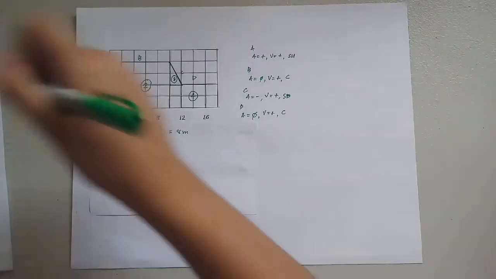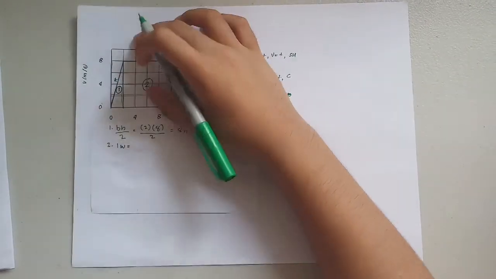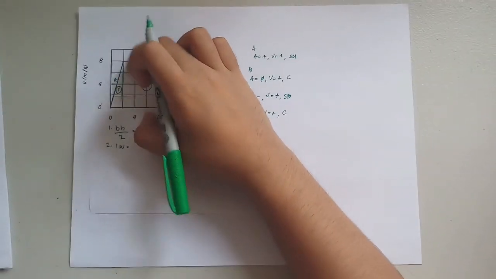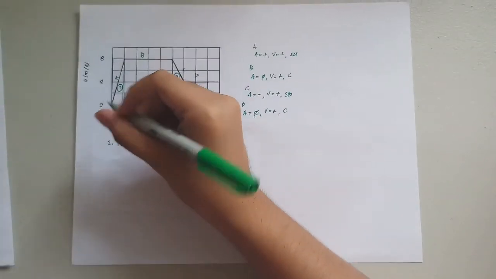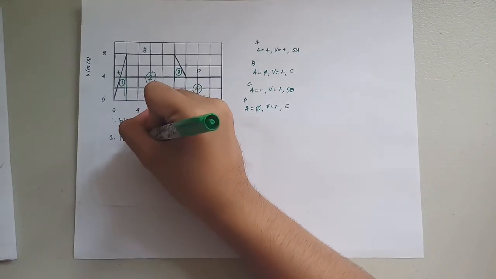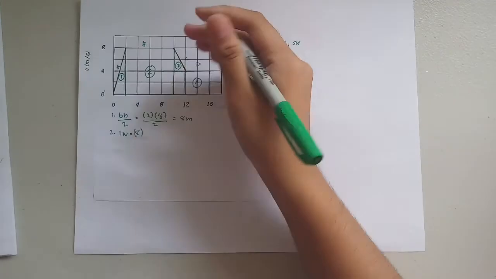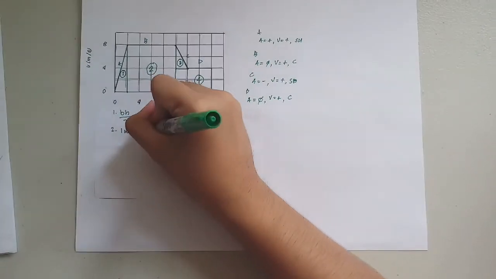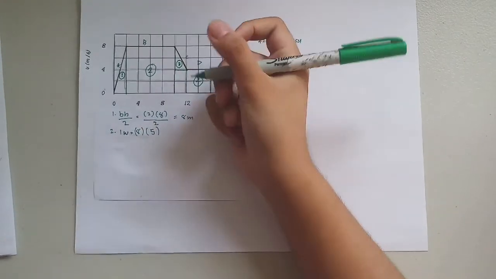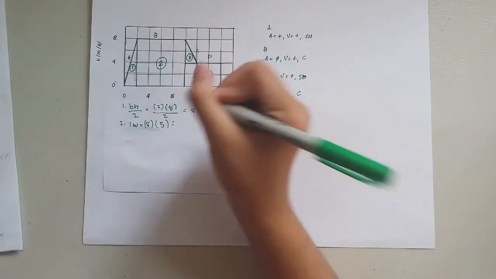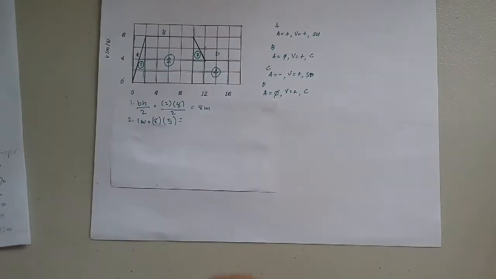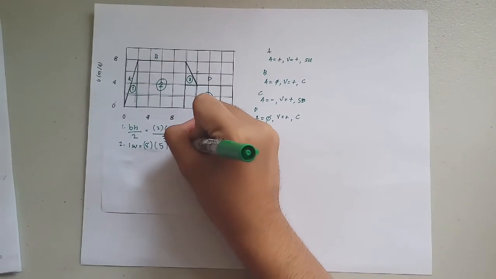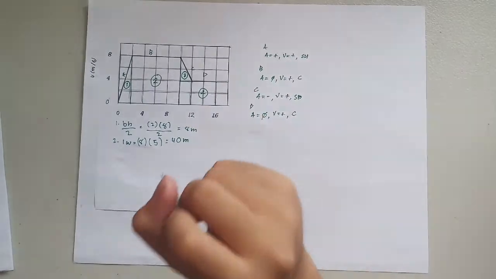In number 2, the length is 8, times the width. The width is 5. You will multiply, and it will become 40 meters.